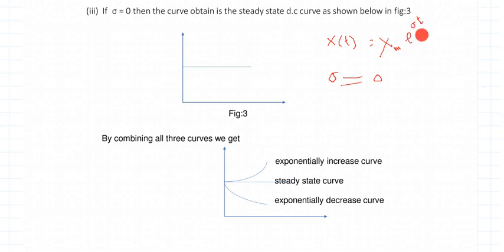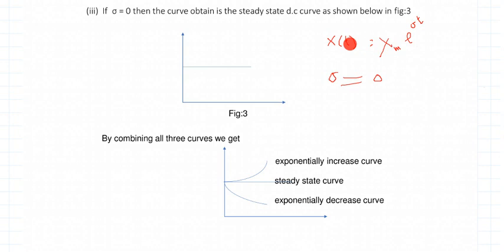So this term becomes 1. What we get is x(t) equal to its magnitude xm. That means that if suppose this magnitude is 5, or 3, or 2, the signal x(t) continuously remains 2 or 5, whatever the magnitude is, for all the values of time.